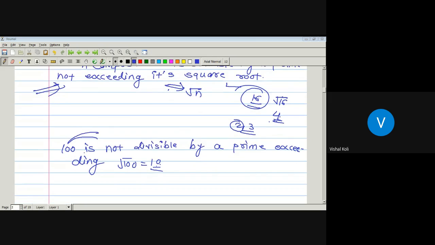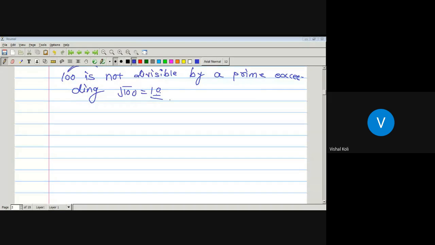Now, tell me what are the primes less than 10. 2, 3, 5, 7. So 2, 3, 5 and 7 are the primes less than 10.